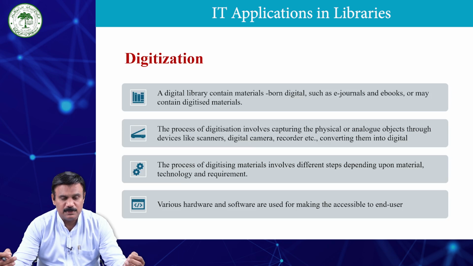So the process of digitization involves capturing physical or analog objects through devices like scanners, digital cameras, recorders, etc., and converting them into digital form. The process of digitizing materials involves different steps depending upon the material, technology, and requirements.